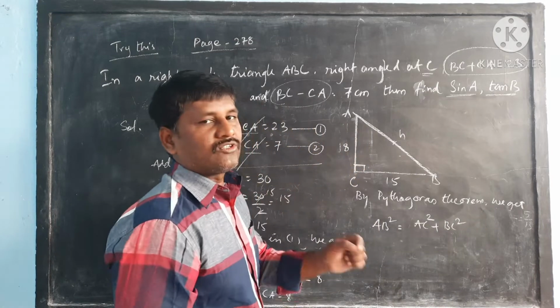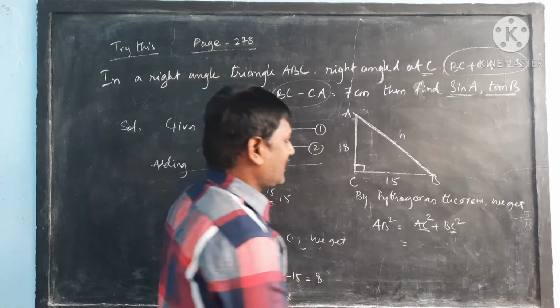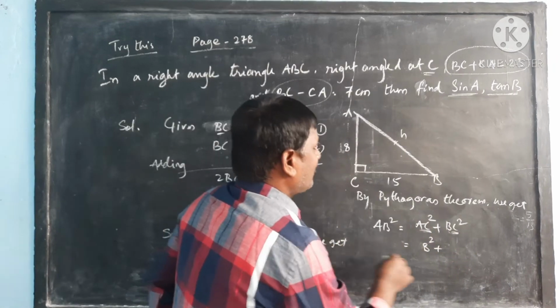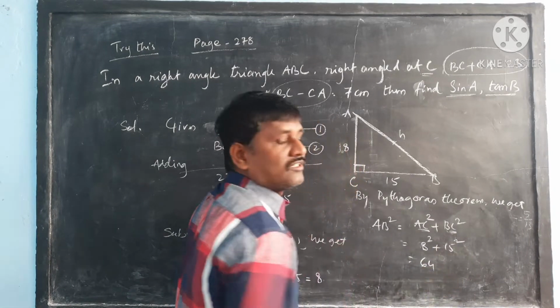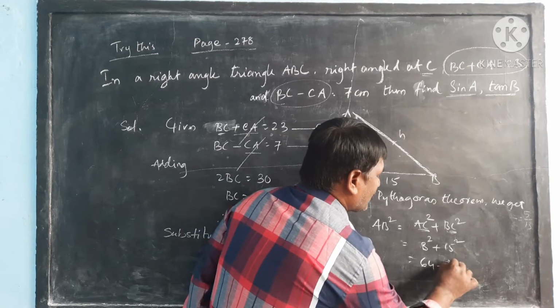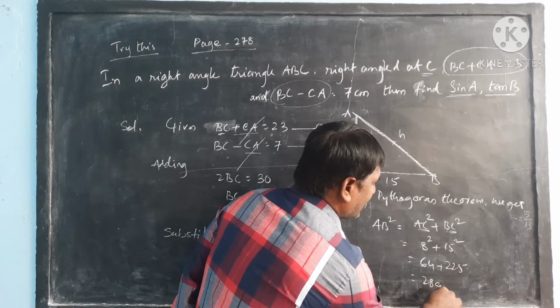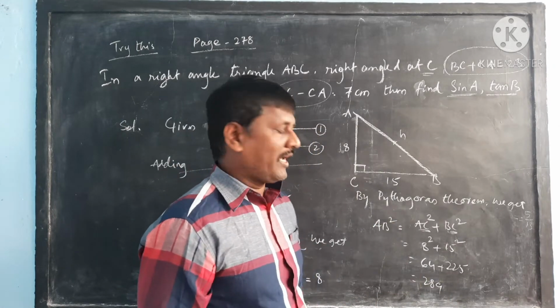Now substitute the values of AC and BC. We get 8 square plus 15 square. So 8 square is equal to 64 and 15 square is equal to 225. Then we get 289. The value of AB square is equal to 289.